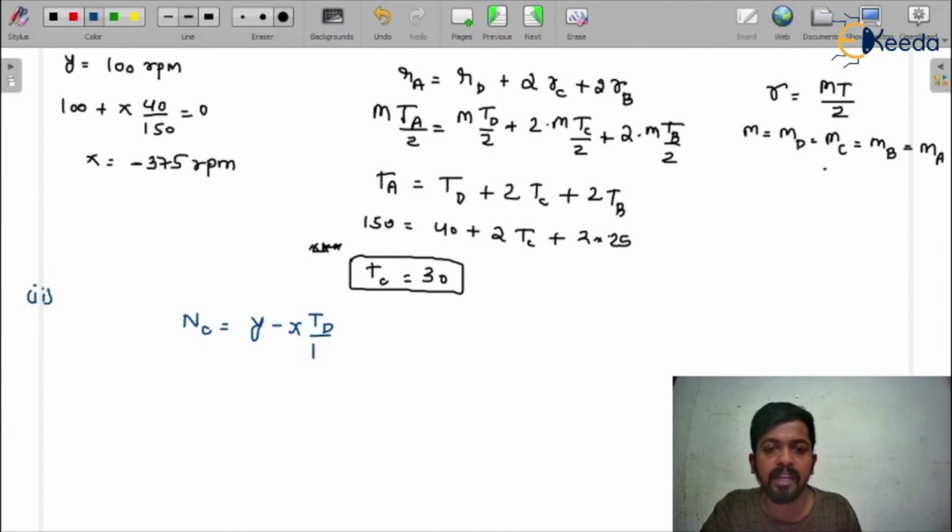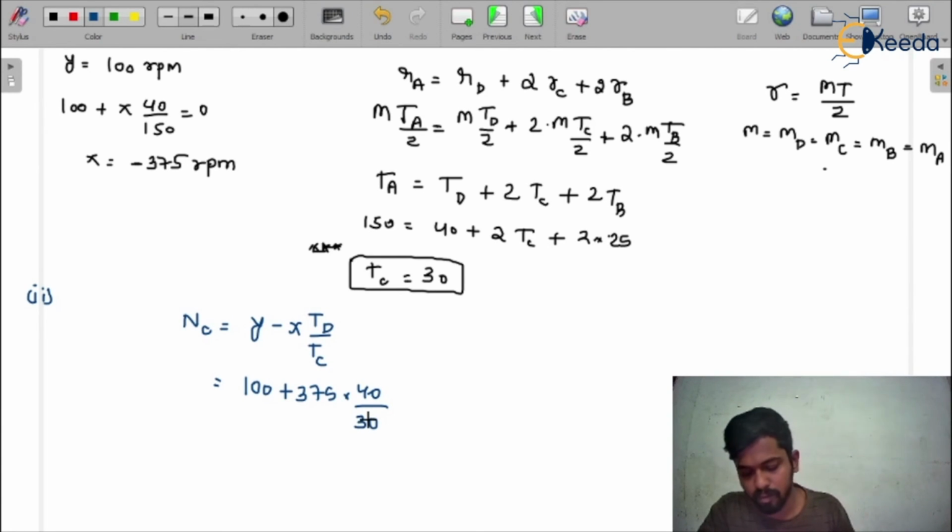The number of teeth on the gear D is given, and y is given, that is 100, and x we have calculated, minus 375. So minus becomes plus 375 multiply TD, which is given, that is 40, and the number of teeth on C we have calculated, that is 30.